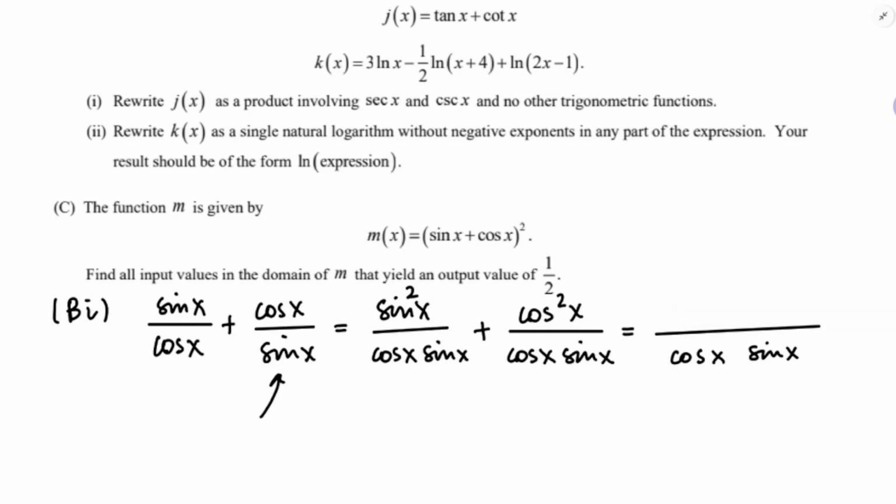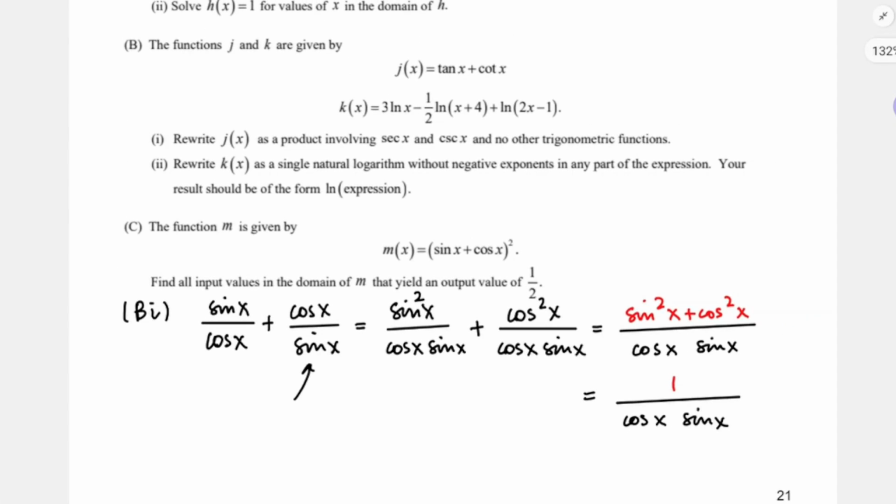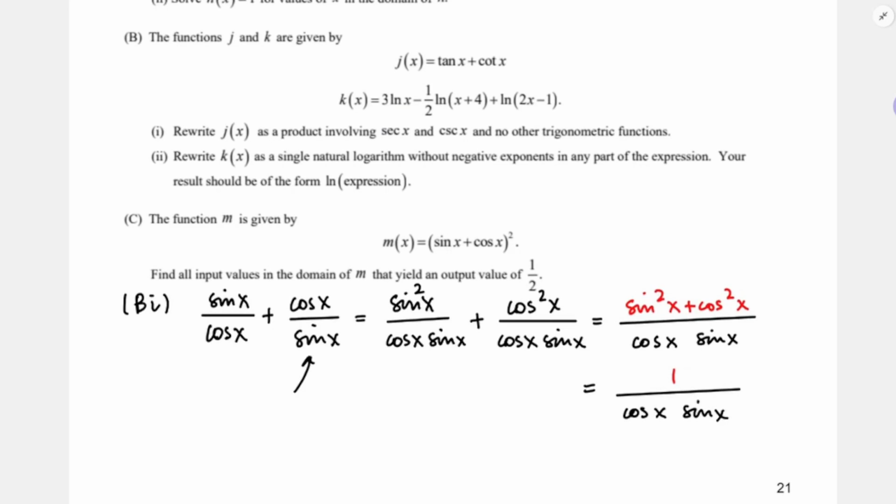And then I have sine squared x plus cosine squared x, which you definitely need to know is equal to 1. Okay, so I've got a 1 divided by cosine and sine. And this is kind of, I don't love this because it doesn't seem like they really grade the work on this problem.